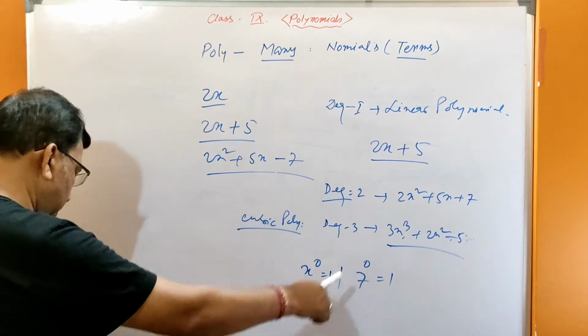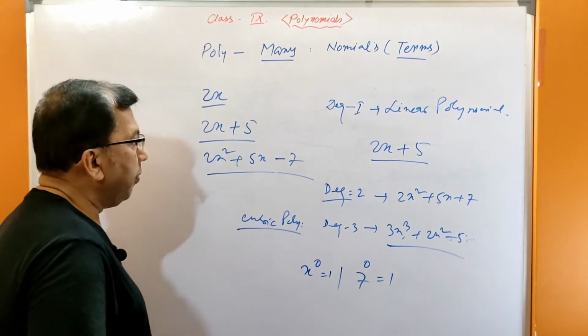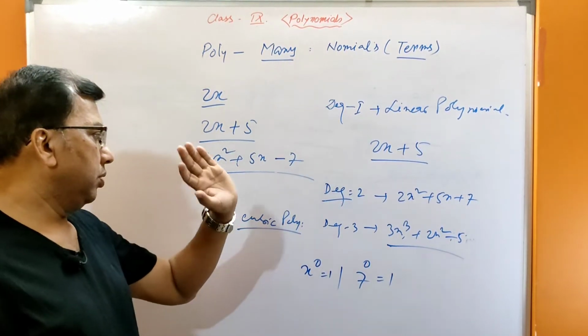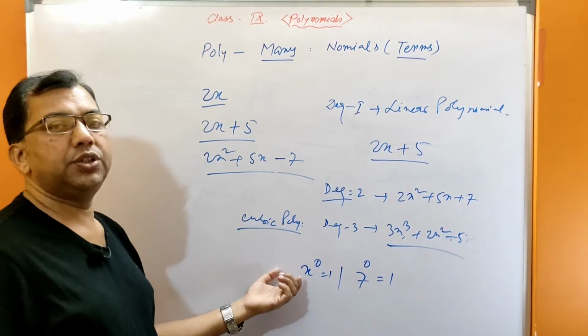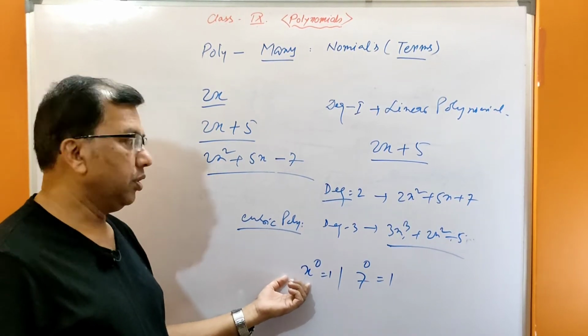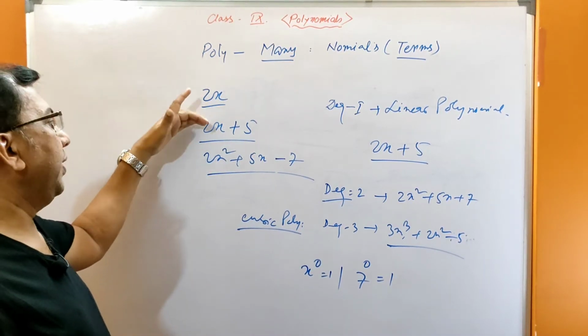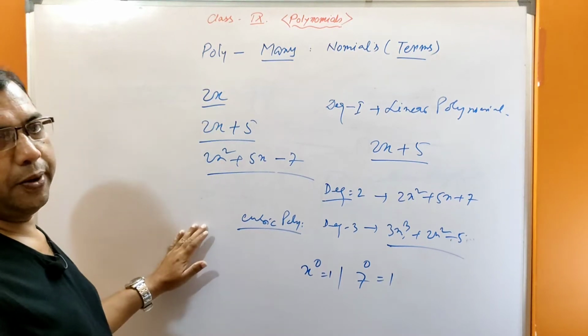This is the constant polynomial. Clear? So depending upon the degree, it is classified as linear, quadratic, cubic, constant, degree 0 polynomials, and depending upon the terms, monomials, binomials, trinomials, so many are there.